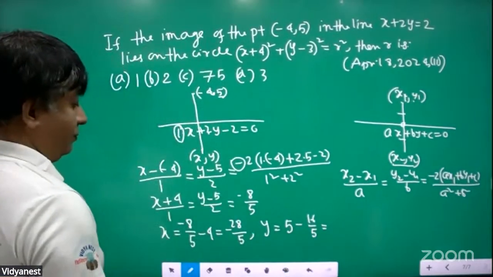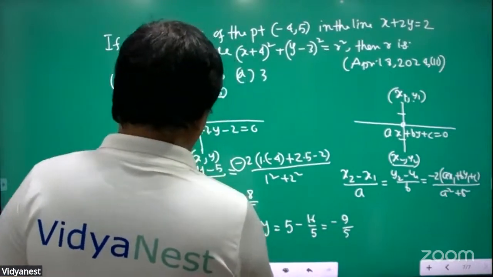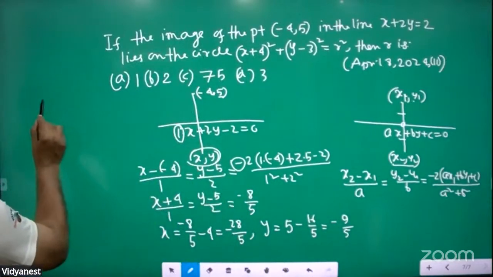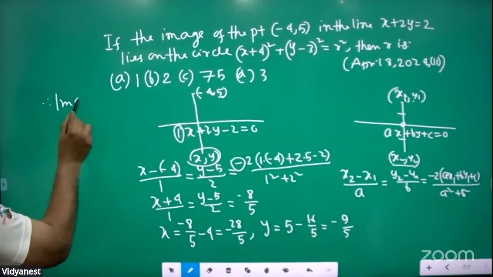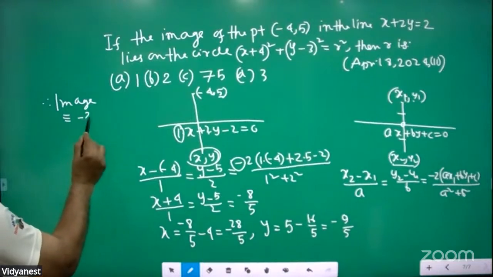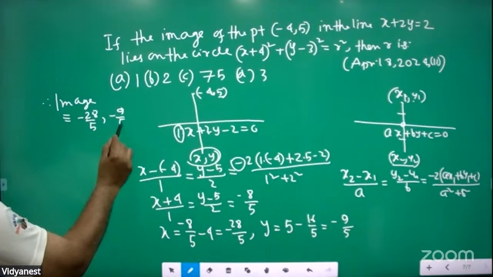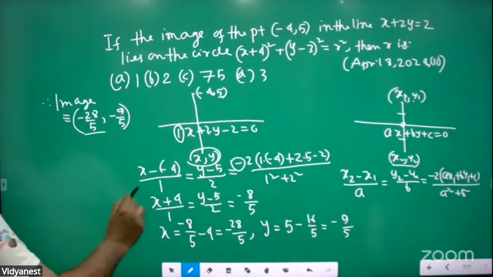That is minus 9 by 5. So the image I have got. Therefore, image is what? Minus 28 by 5, minus 9 by 5. Now that image lies on where?